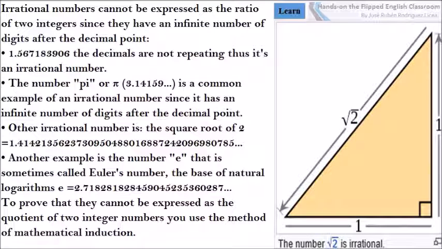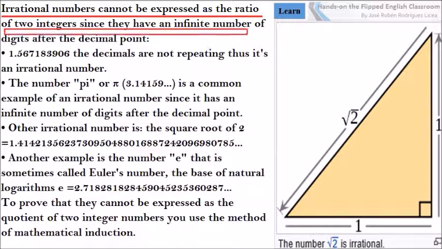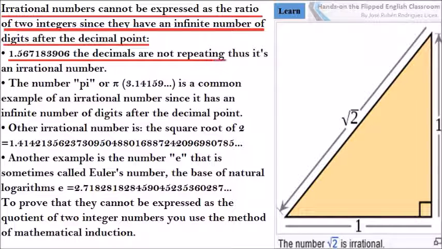Irrational numbers cannot be expressed as the ratio of two integers since they have an infinite number of digits after the decimal point, for example 1.567183906. The decimals are not repeating, thus it's an irrational number. The number pi, or 3.14159, is a common example of an irrational number since it has an infinite number of digits after the decimal point.